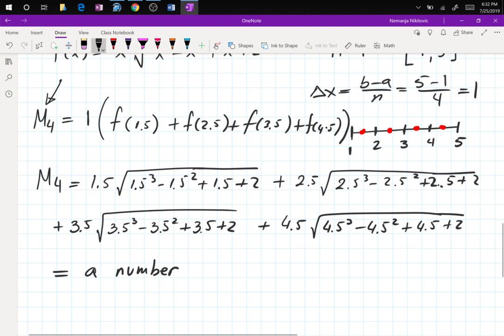And then you have your x cubed, so x caret 3 minus x squared plus x plus 2. Close the parenthesis and then put caret 0.5, because that is going to give you a half exponent, which is the square root. So the first thing you have to do is put the function inside the calculator. If you're done with the function, the next step is second quit, and then you go home.